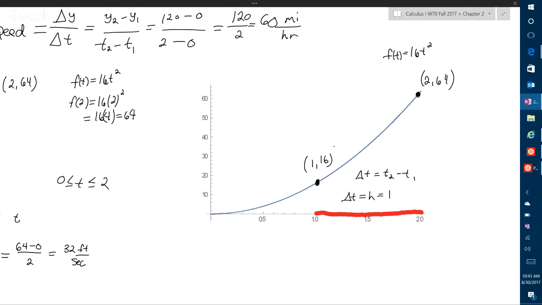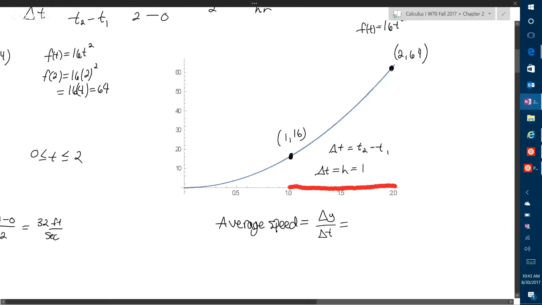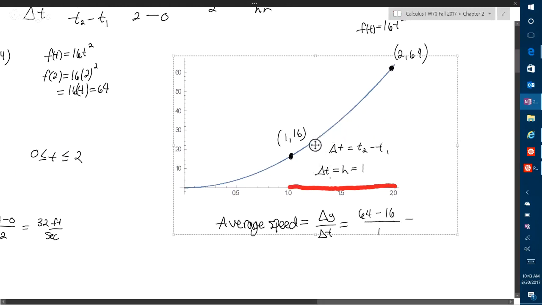All right, what's next? Okay, so the average speed is the change in y divided by the change in t. So the change in the distance, 64 minus 16, all divided by 1.